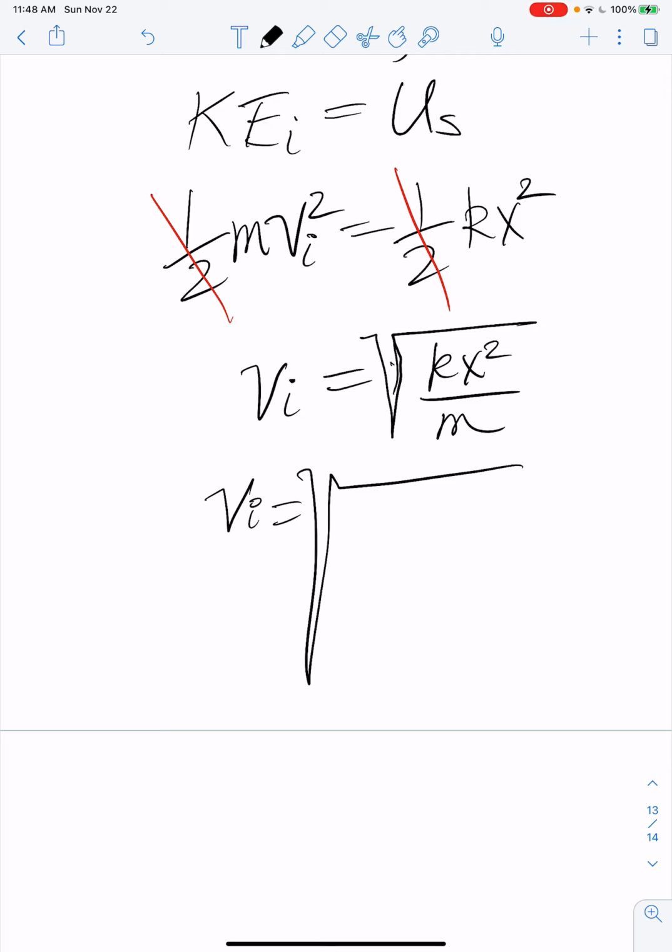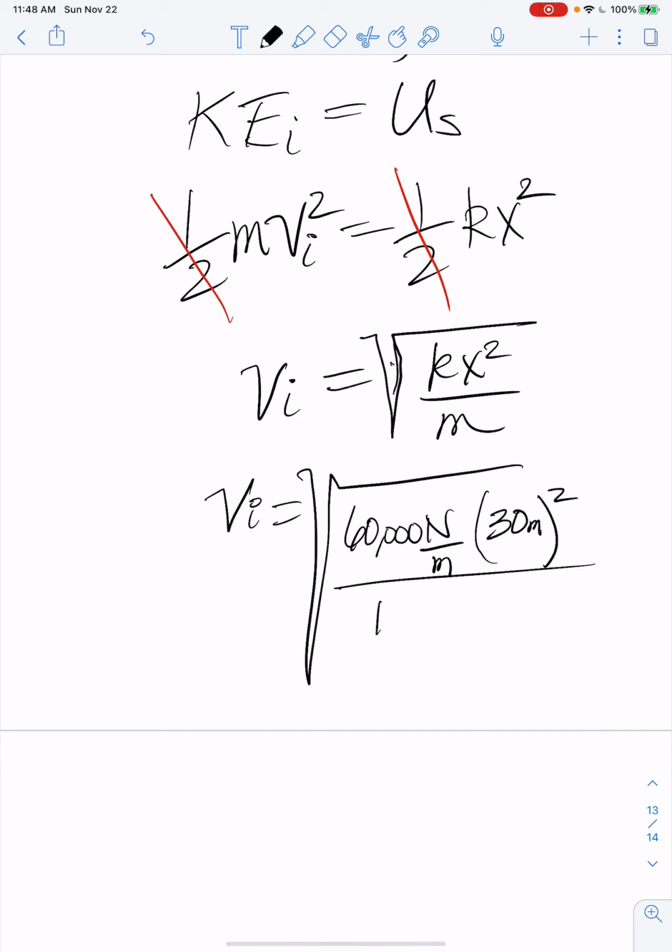So this K value is crazy. It's 60,000 newtons per meter. X is going to be 30 meters. All right, 30 meter sticks. That's pretty crazy. Once again, that's got to get squared. And then the mass of the plane is 15,000 kilograms.